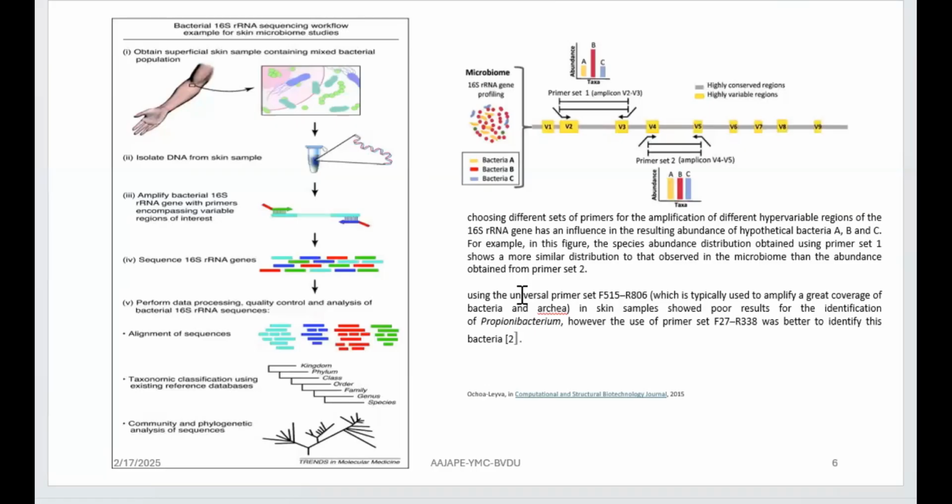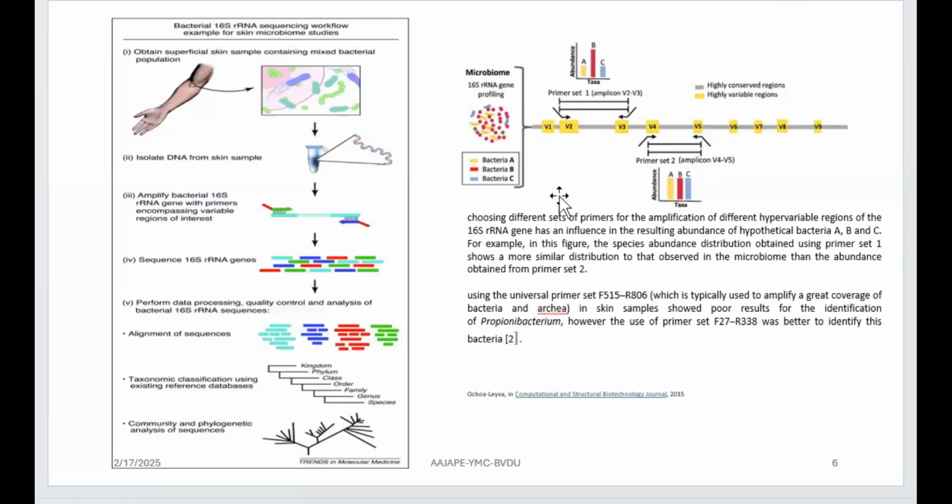Using a universal primer set, which typically amplifies a great coverage of bacteria and archaea, whether it is a skin sample, as in this particular example we are taking, or any sample, you have to go for a specific primer that would give you a proper picture of the abundance, right?